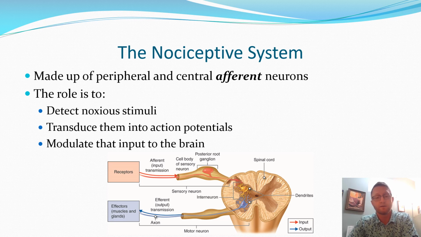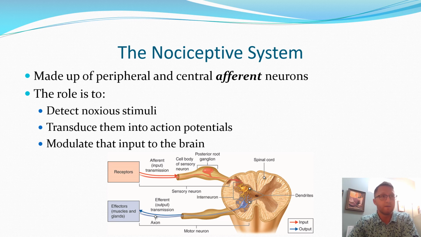The afferent neurons are going to be the first ones to respond and send that signal to our spinal cord, and then from our spinal cord all the way up to our brain for processing and how we're really perceiving that pain. These can lead to action potentials for the efferent neurons, and we're going to see that here in just one second.